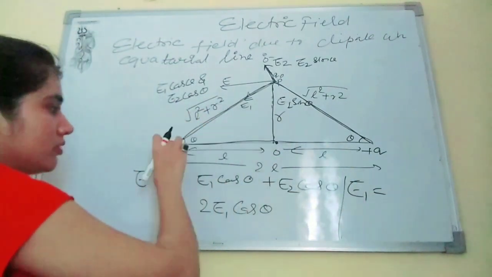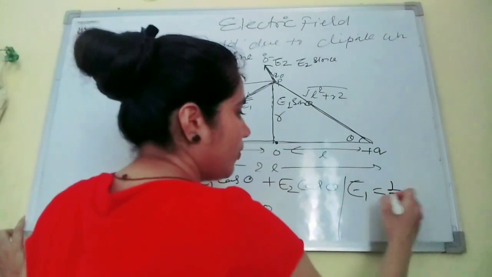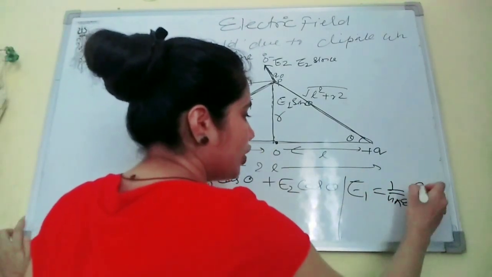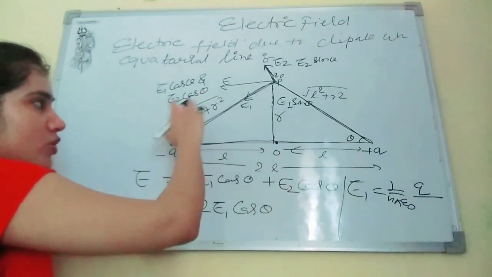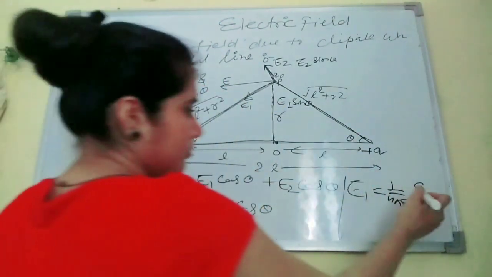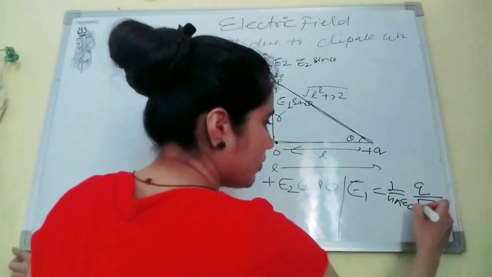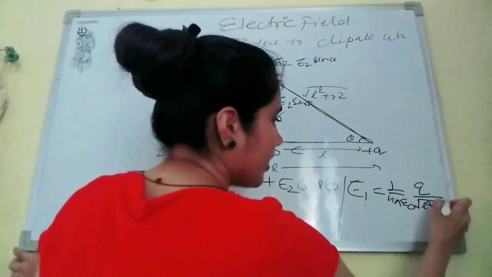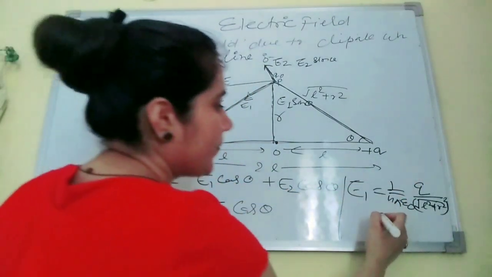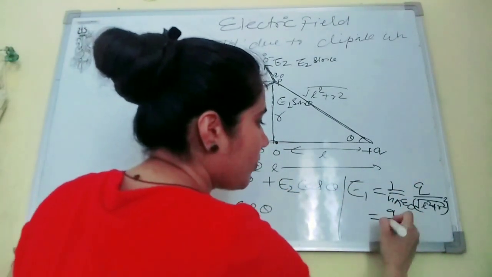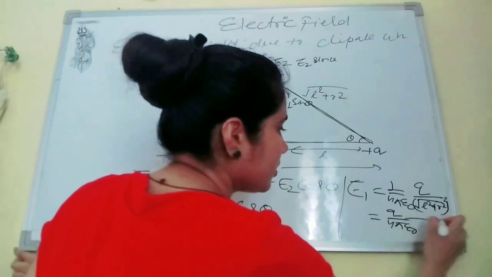For E1 this is the Q, 1 upon 4 pi epsilon naught Q upon, and the distance is the root of L square plus R square. So this will be L square plus R square in the root and the whole square. Then it will become Q upon 4 pi epsilon naught.